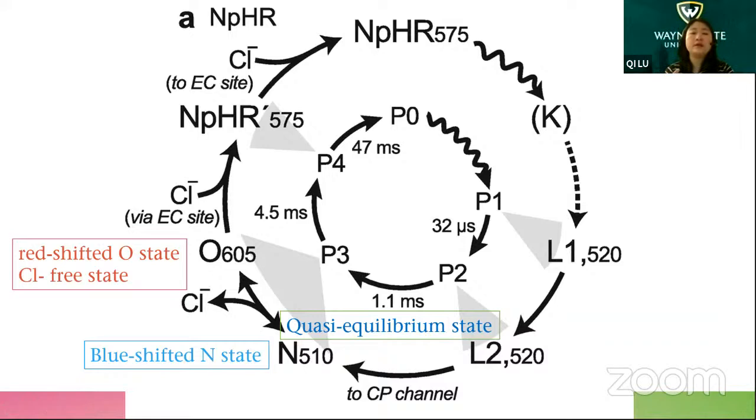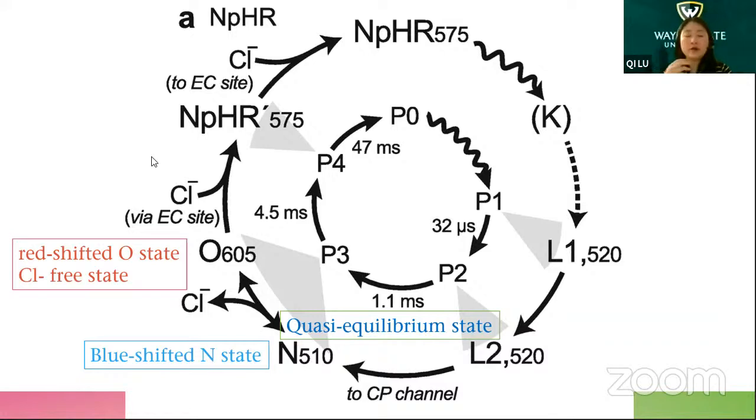When the chloride is free, meaning there is no intracellular chloride, this pump will be prone to stay in the O state.